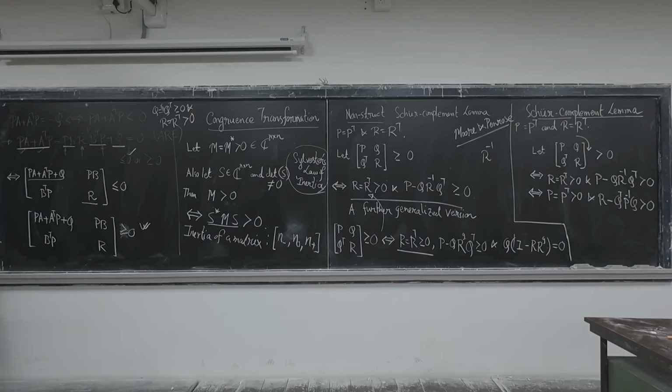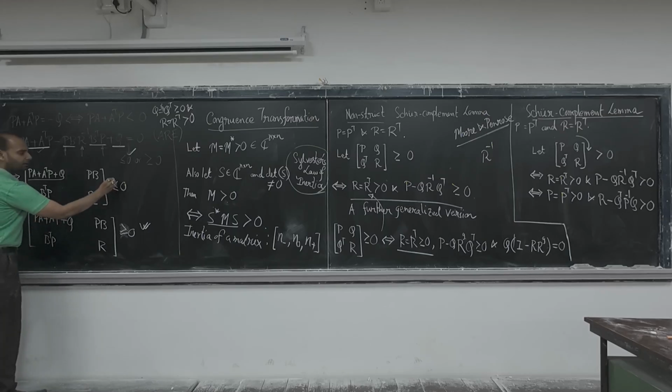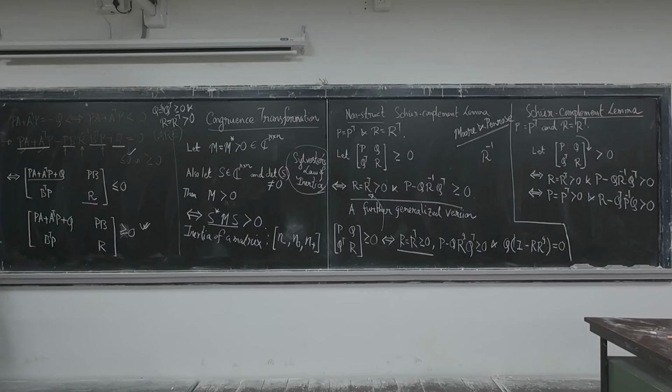Once again, according to the condition of positive definiteness of a partition matrix, whatever sign you have here, these two elements should have the same signature. Because otherwise the Schur complement lemma will fail, right? Now you see this is here negative semi-definite, but this R is positive definite. So directly one of them is contradicting the other.